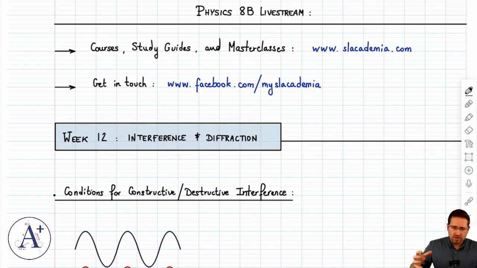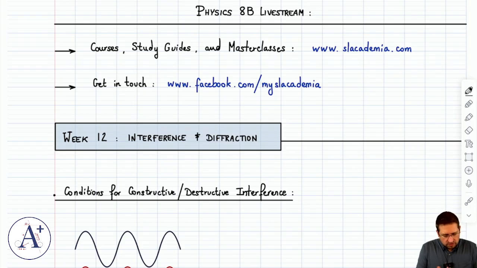That's the common thread across all these topics: we want to ascertain the path length difference between two rays of light, or two waves, typically from a laser or some source like that.